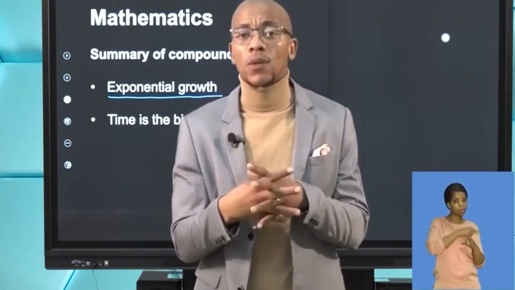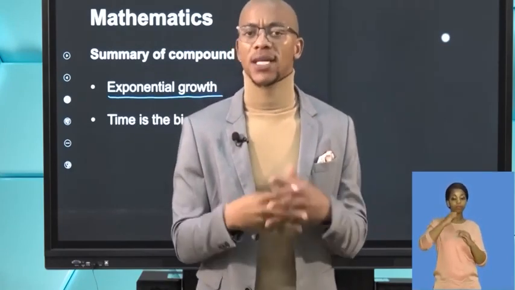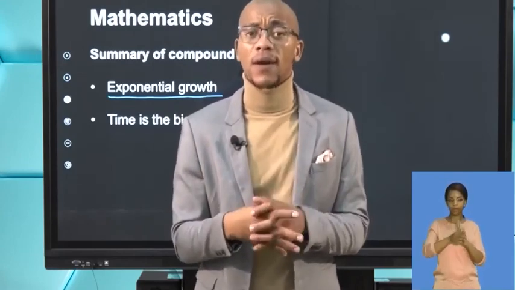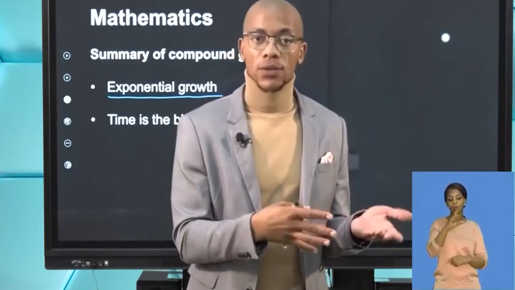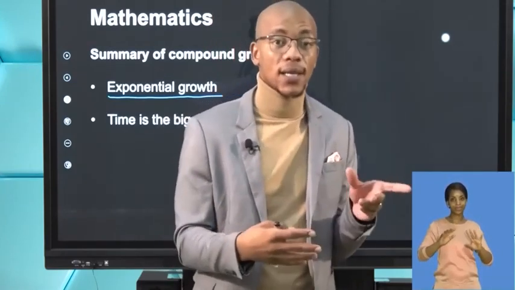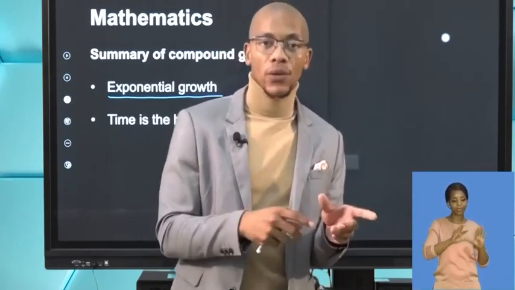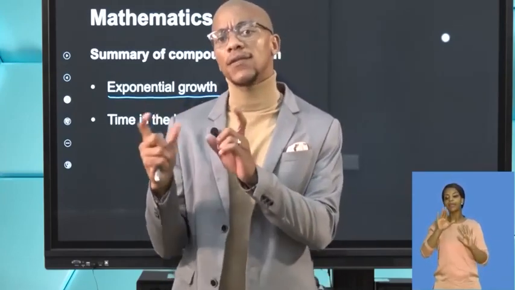I made an example with saving maybe 100 rands and you're getting 10% of that, which is 10 rands. In the second year, you're not gonna get 10 rands. You're gonna get more than 10 rands, because then 10% of 110 is slightly more than 10 rands. You see, so meaning every time you're getting a slightly higher amount, hence it's an exponential growth.